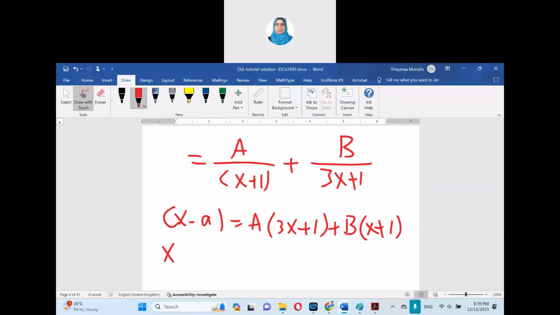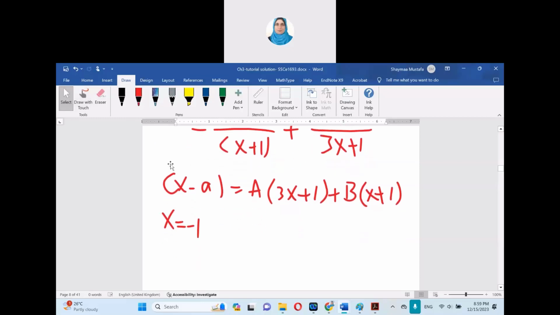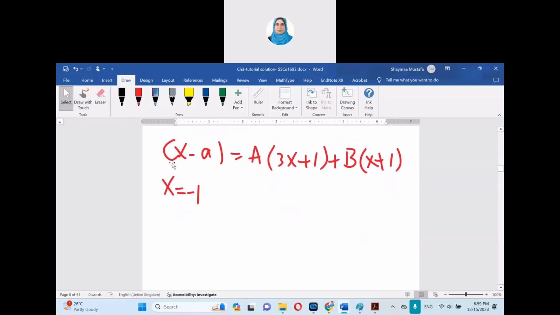For example, take x equal to minus 1. So you have minus 1 minus a equal to, when x is minus 1 here, minus 3 plus 1, which is minus 2A.